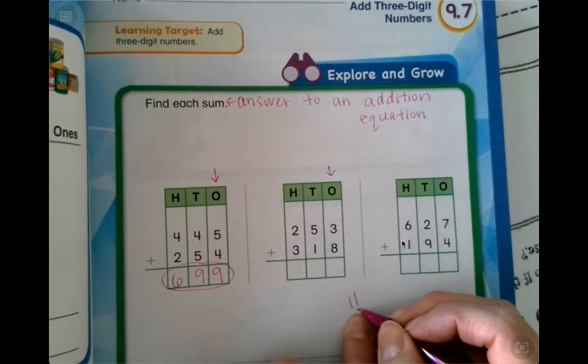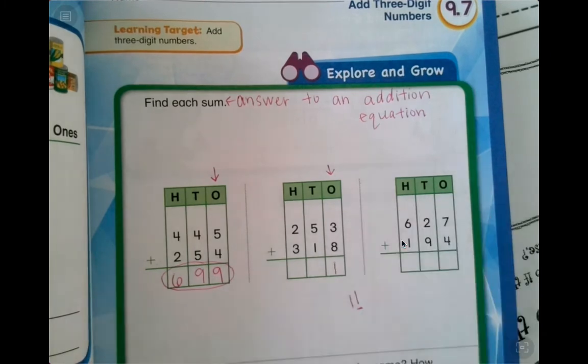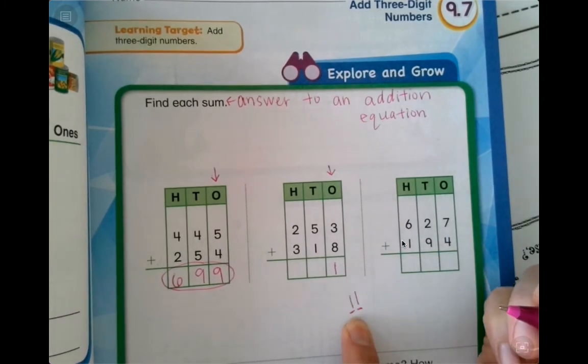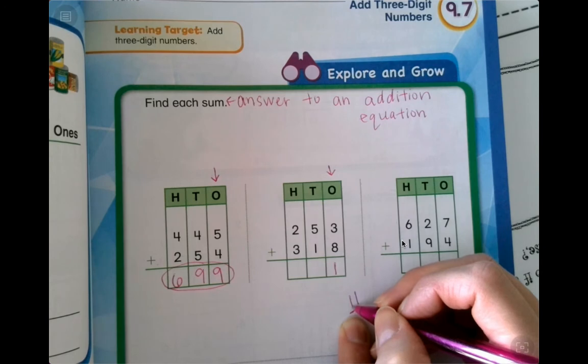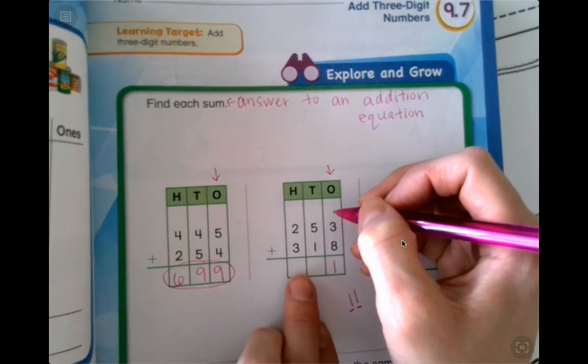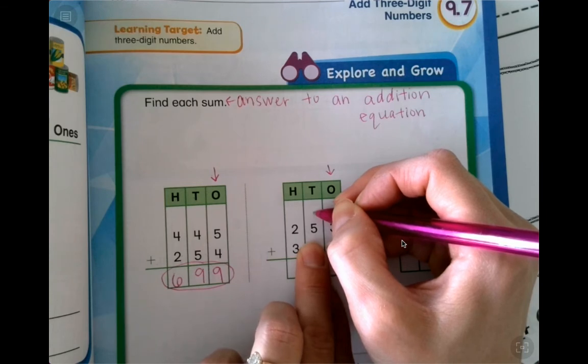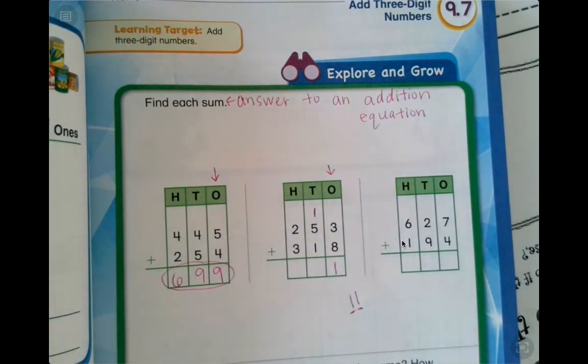That one has to go there. Where does this one go, Emma? That one goes on the top, above the 5. The 1 goes right above the 5.